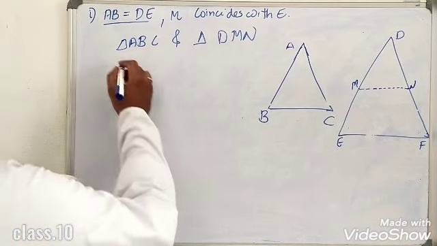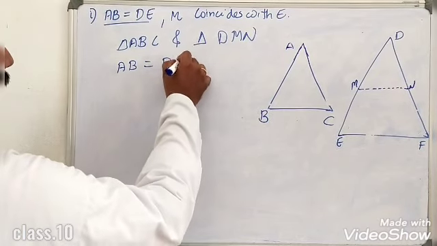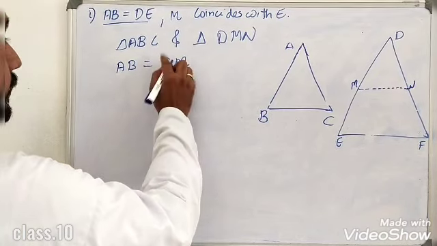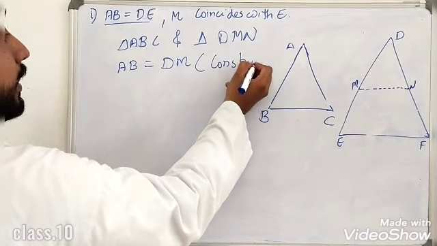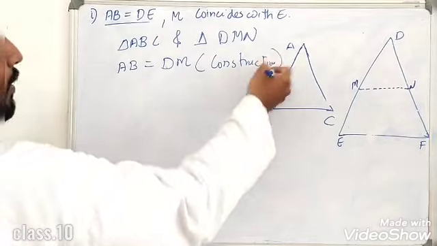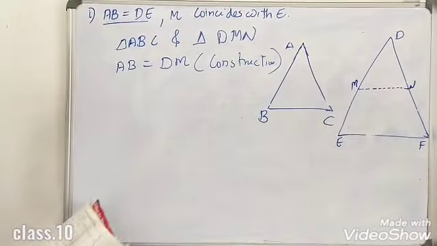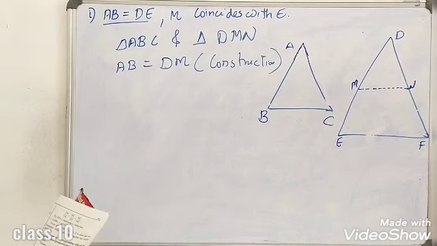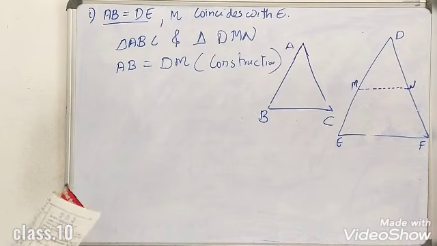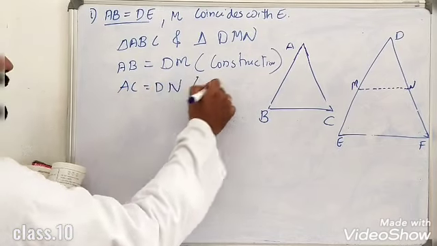AB is equal to DM by construction. You have to write the reason here. By construction we take DM equal to AB. Then AC is equal to DN, that's also by construction.